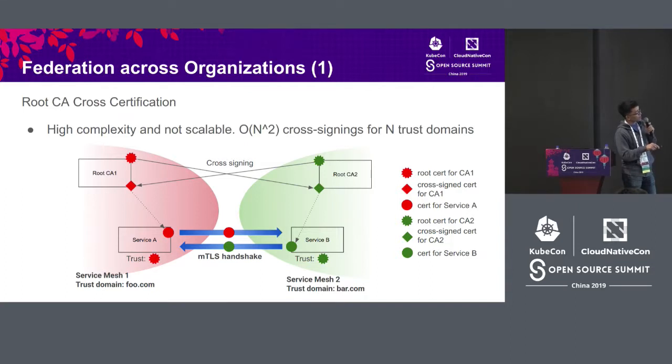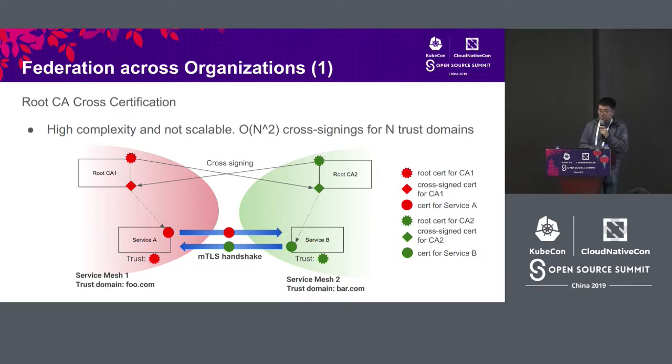Because of this, for root CA2, the public key is represented by 2 certificates. In this case, you are able to build a new certification chain from service B to this intermediate certificate to root CA1. And then for service A to authenticate service B, it will use this new certification chain to verify service B's certificate using its own root CA certificate.